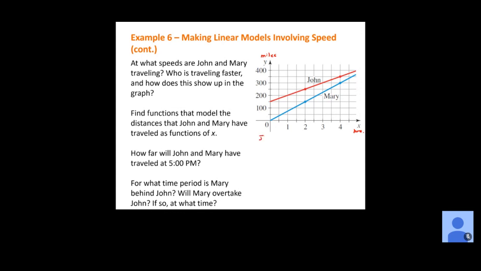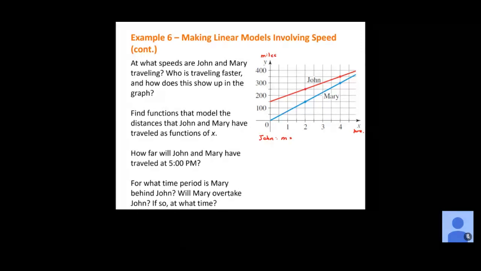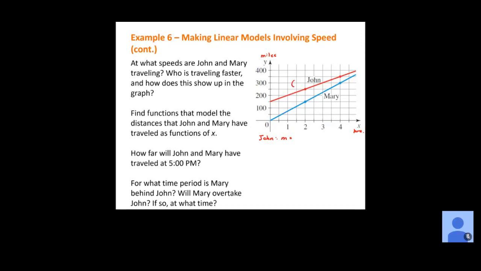So for John, if I want to know his speed, I just need to find the slope of his line. There are a couple of points already plotted on there, so we just need to find the ordered pairs of those, and then we can find the slope. What would this first point on John's line be?